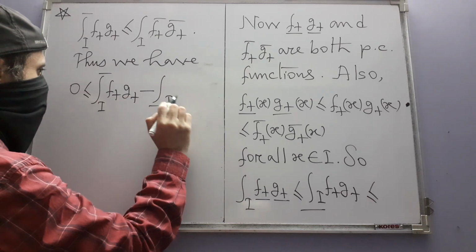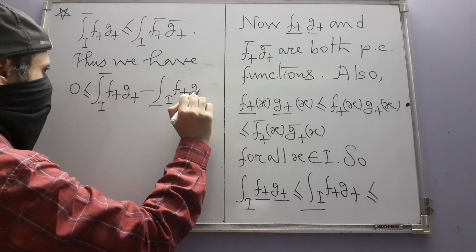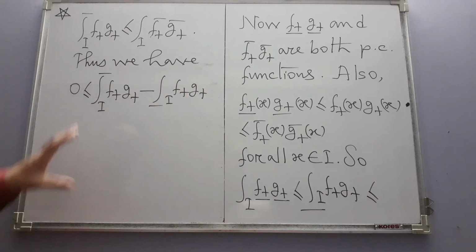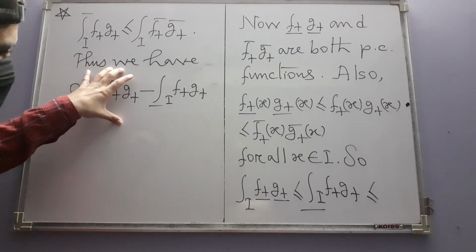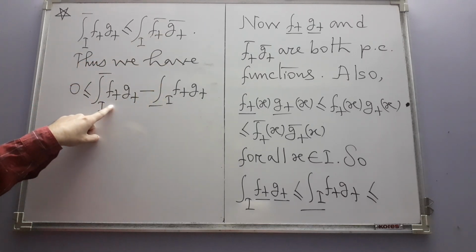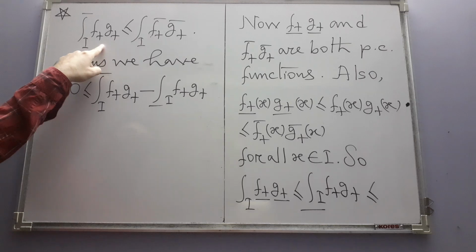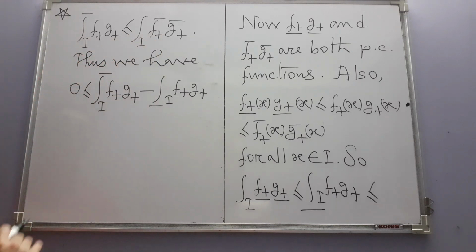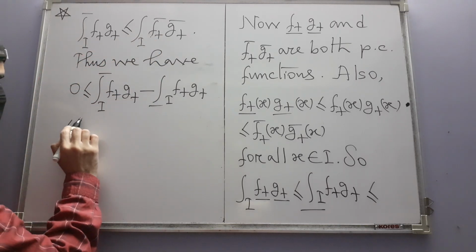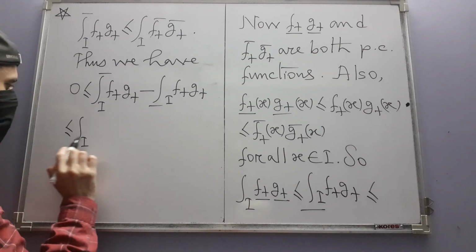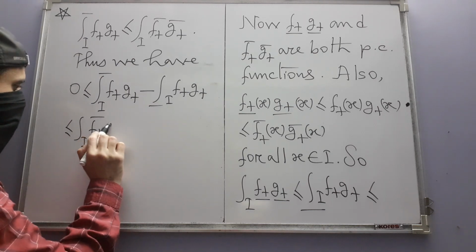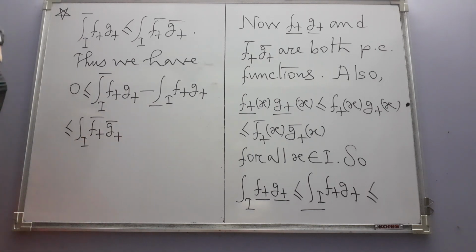Minus the lower Riemann integral. Now the upper Riemann integral is, this one is less than or equal to this. So let's continue by writing less than or equal to the integral of f plus bar g plus bar.